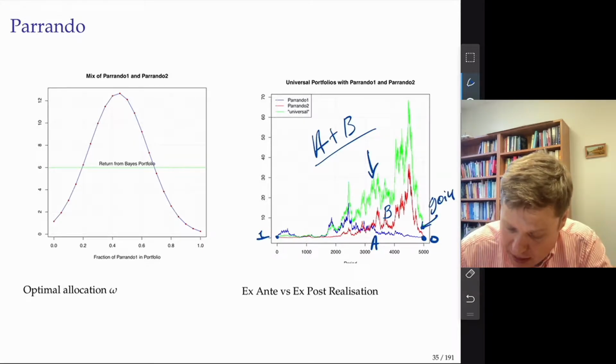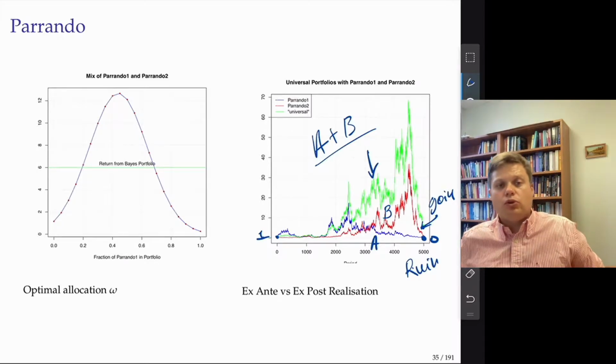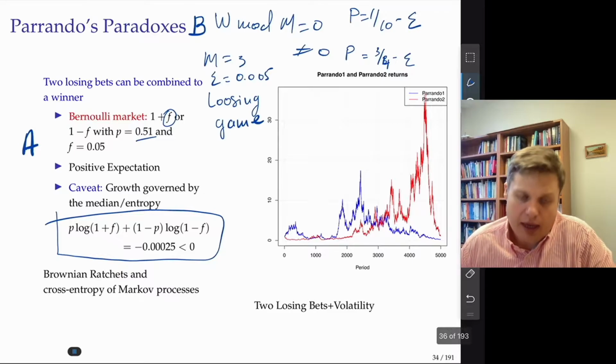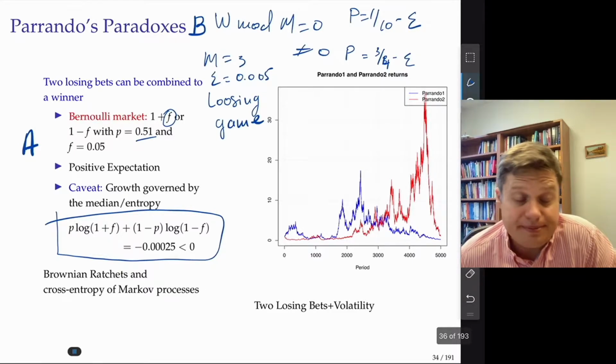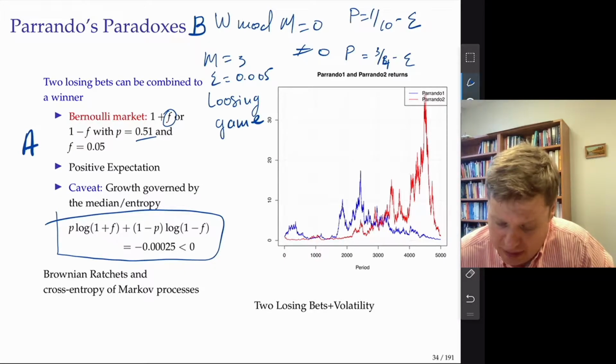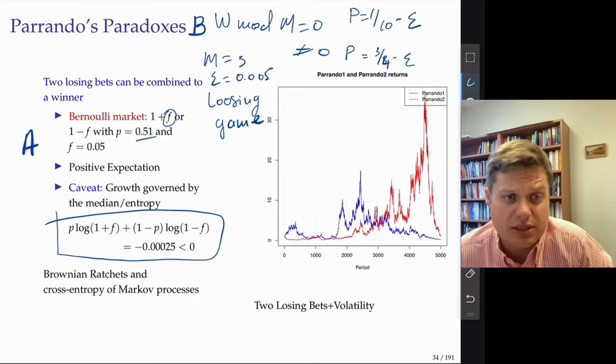And with both A and B, you basically go to ruin, you lose the entire wealth. Okay. And the proof of this result is quite peculiar. It's not straightforward. It involves some heavy computing.